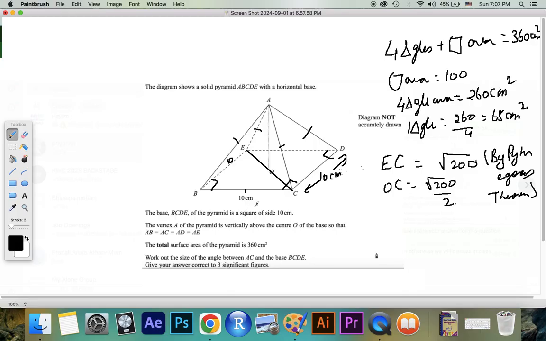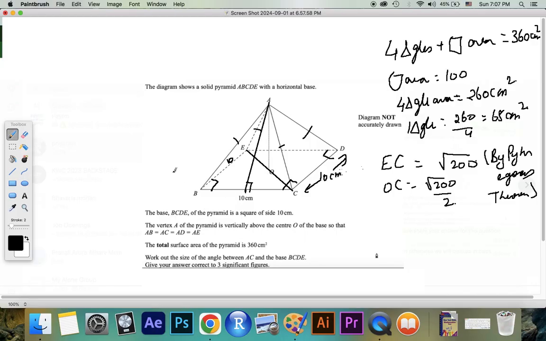Since we have the area of this triangle, we have this side as 10, and we have two equal sides, AB equals AC. If we draw a perpendicular like this, then it's perpendicular. That's all we know right now.